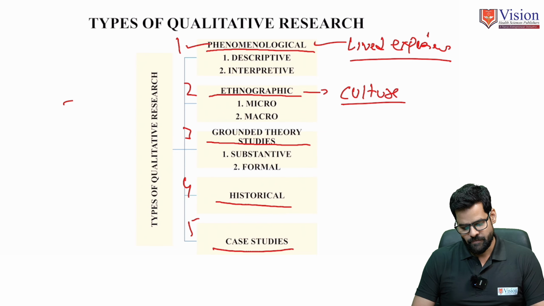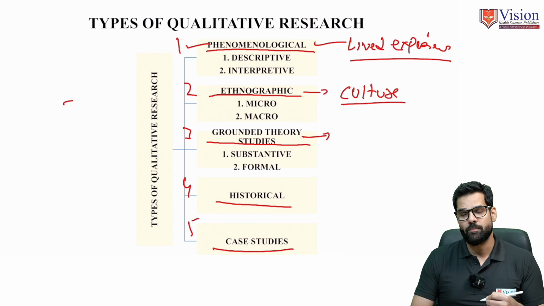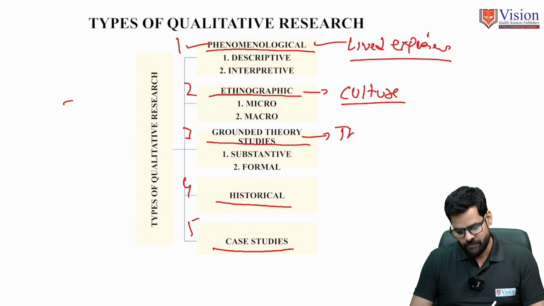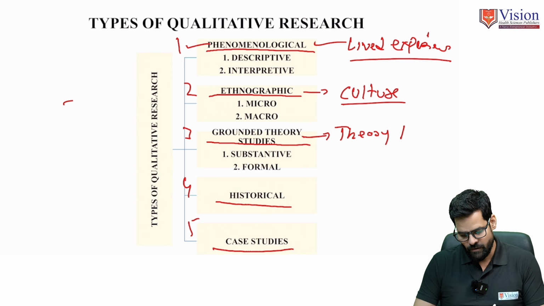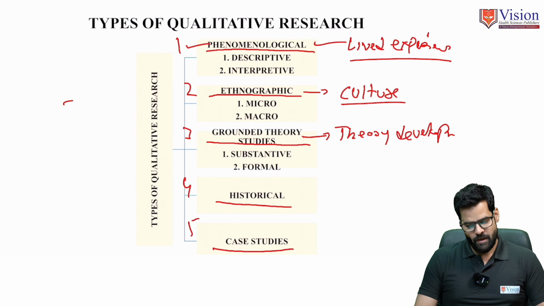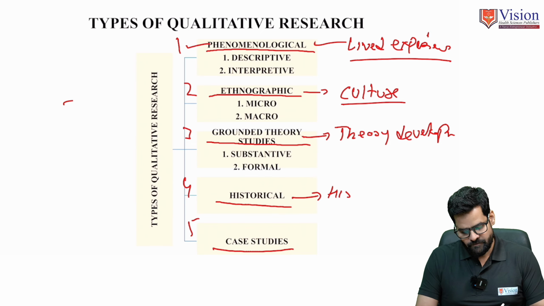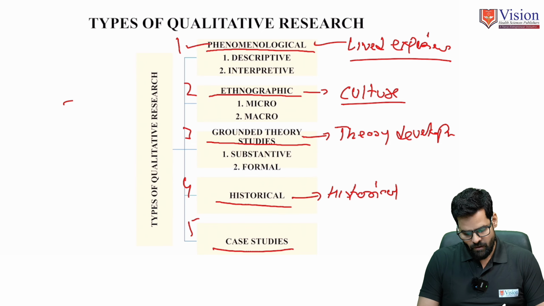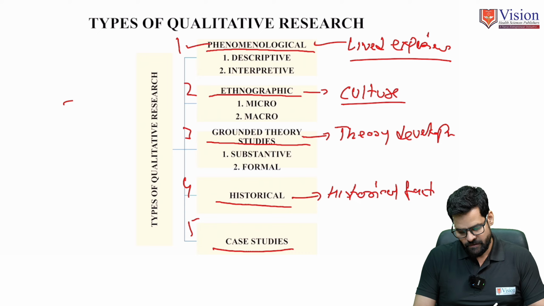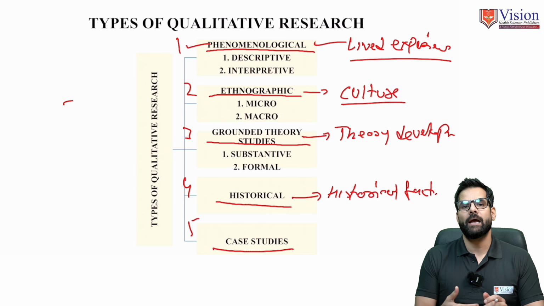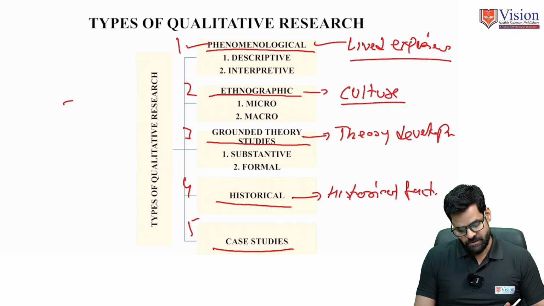Grounded theory research primarily deals with theory development. That is the purpose. Historical research studies historical facts, to understand the past and to relate that with the present.